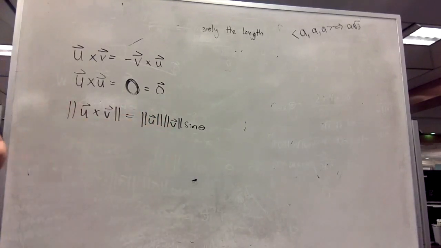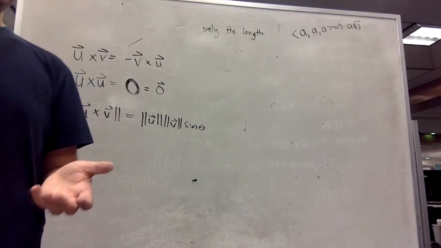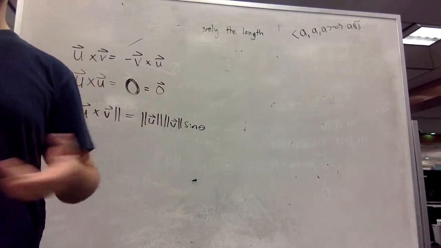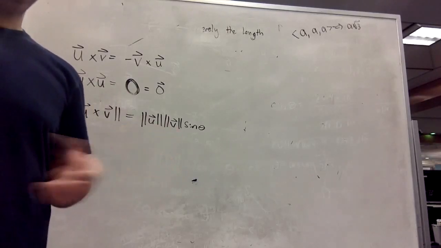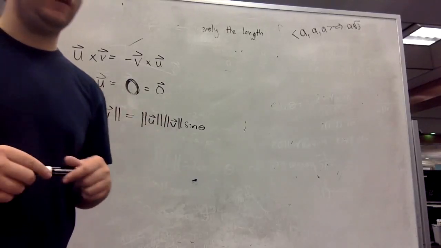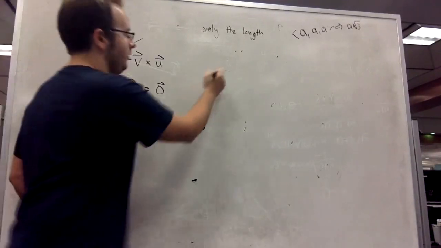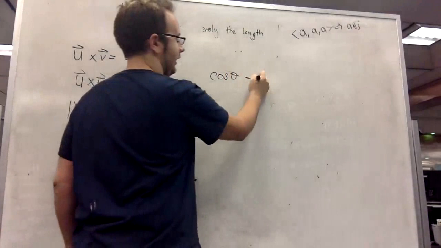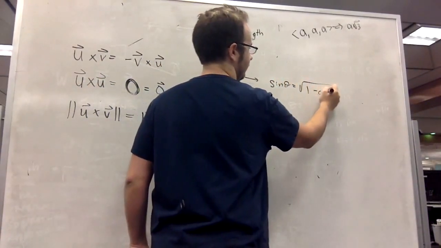Of course, you could use the dot product one, but that gives you cosine. But if I gave you cosine, how would you then find sine? What's a way that you can relate sine to cosine? If I said the cosine of an angle was 2/3, what would the sine then be? How can I figure that out? If I know cosine, then sine is equal to the square root of 1 minus cosine squared theta.